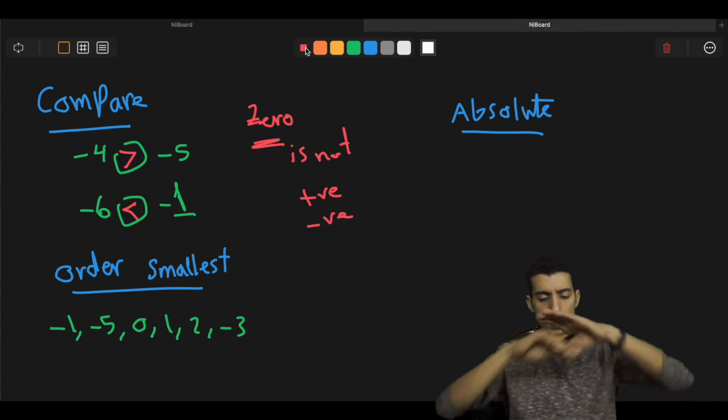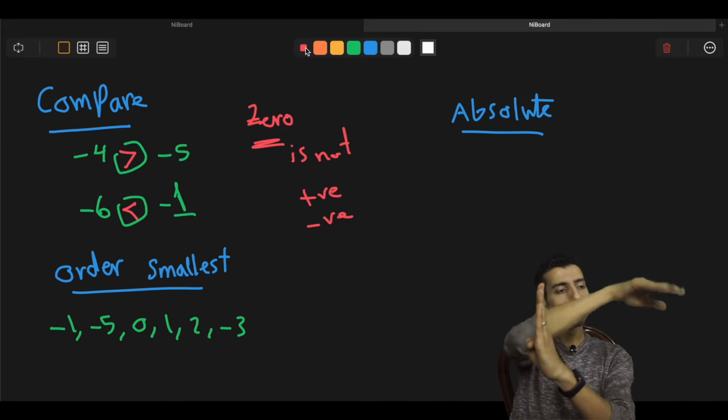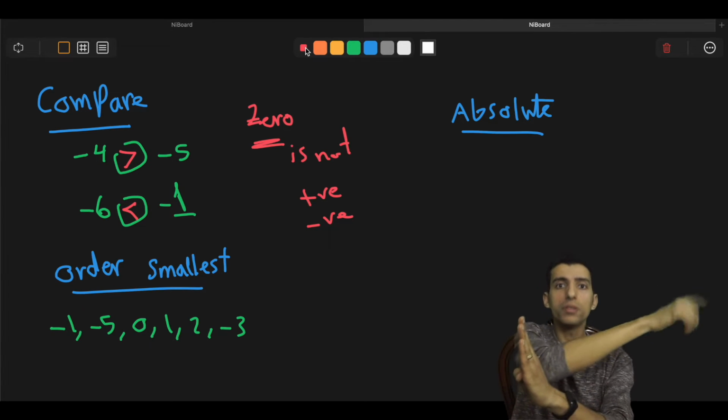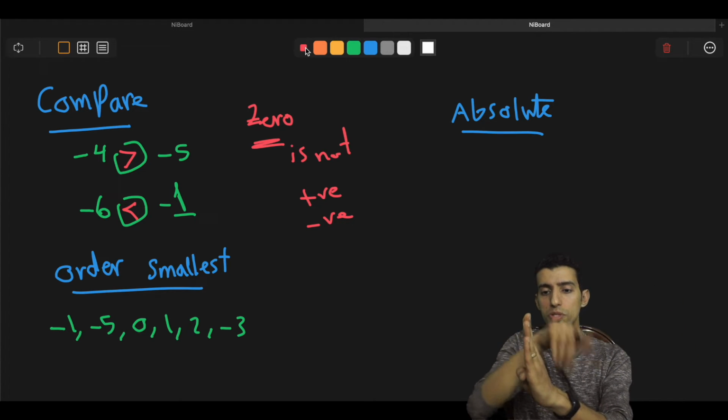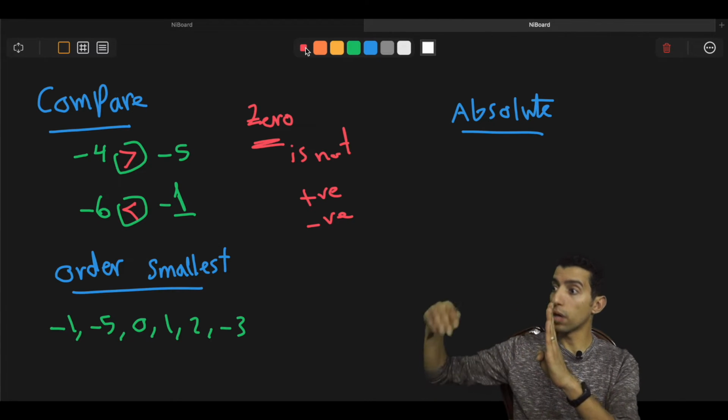What I'm thinking of is the number line, with 0 in the middle. When I go to the negative area, it gets deeper and deeper, and the numbers become smaller and smaller. When I move toward 0, they become bigger, and from 0 into the positive area they become bigger and bigger.